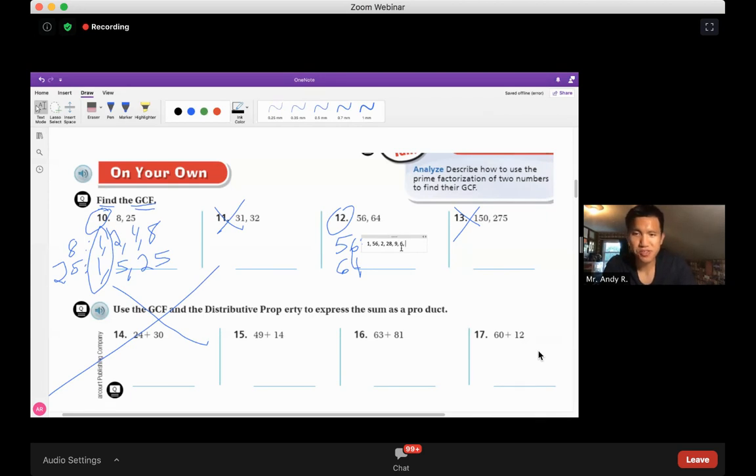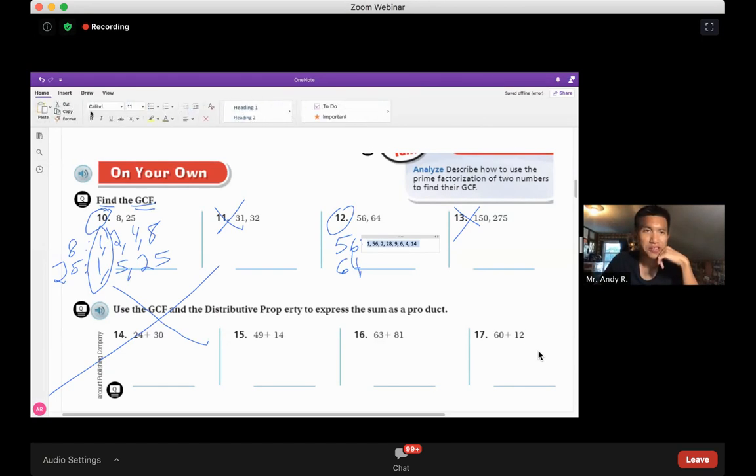What else? 4 and 14. Okay, so I think that's it. I know this is really small.